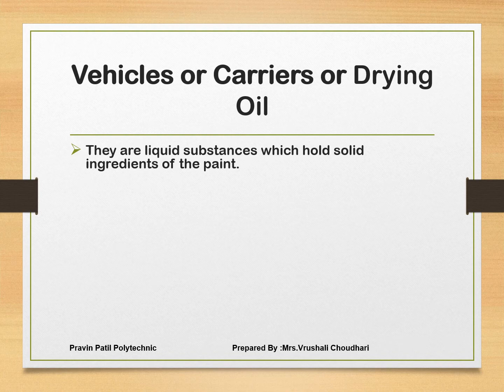These are called vehicle carriers or drying oil, which carry the pigment from your brush towards the surface. They are the liquid substances which hold the solid ingredients of the paint. They have the holding capacity to hold all solid material.